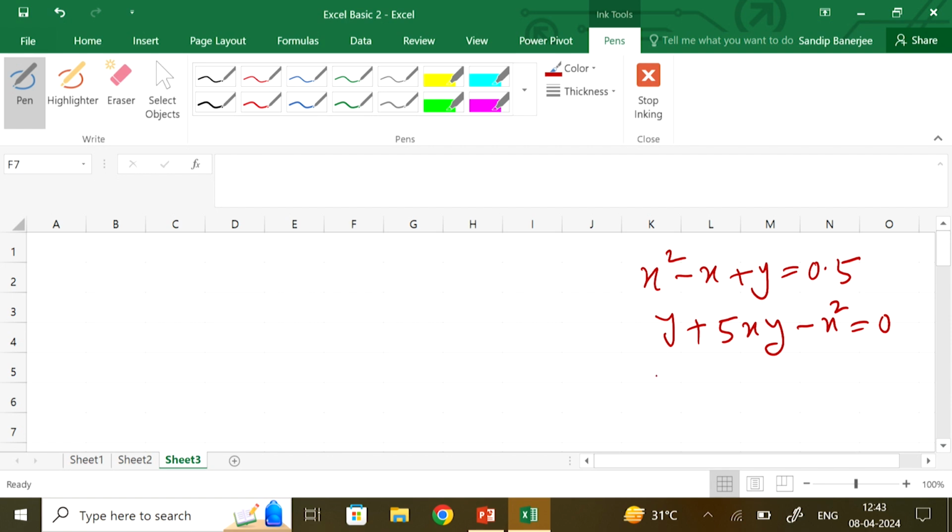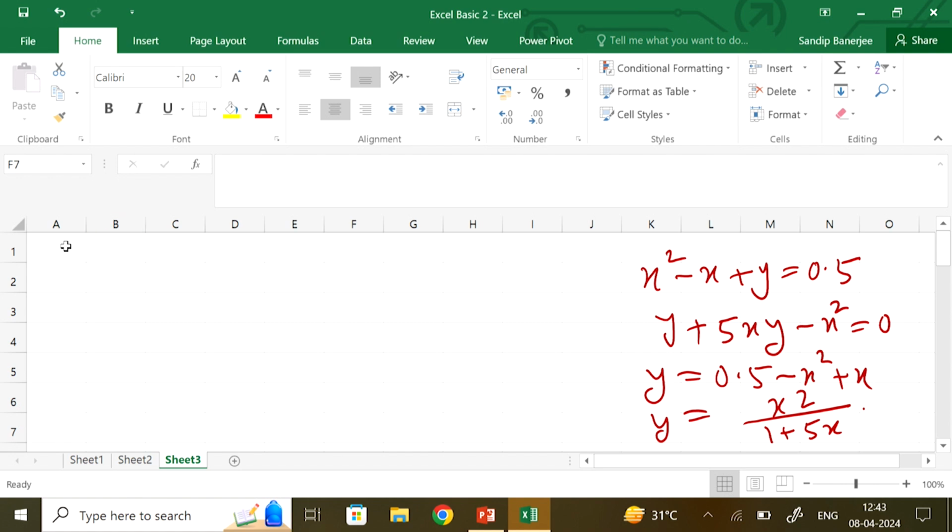The very first one can be written as y equal to 0.5 minus x square plus x, and the second one y equal to x square divided by 1 plus 5x. So, let us quickly plot these two graphs.